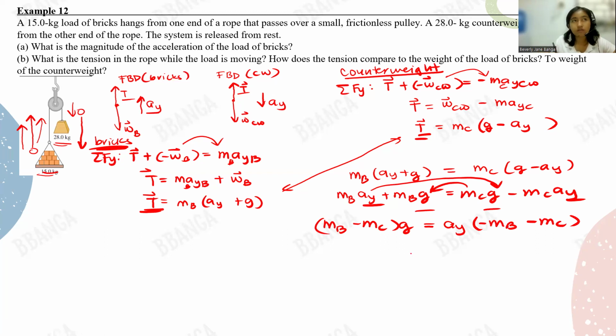Okay? So, MB minus MC is MB is 15 minus 28. So 15 minus 28 is negative 13 times 9.8 divided by negative 15 minus 28, which is negative 43.